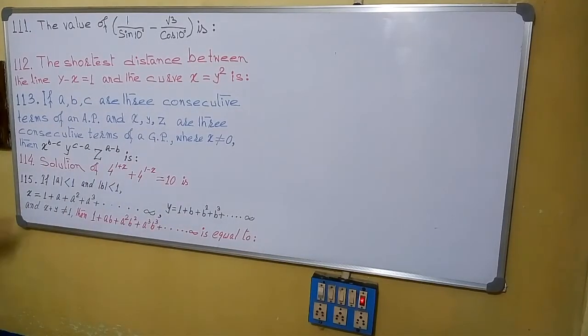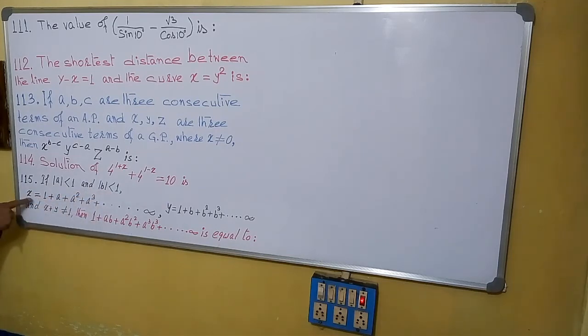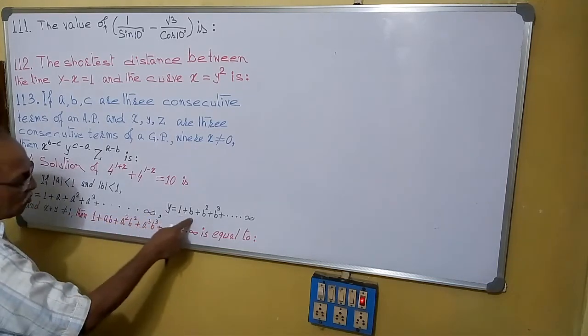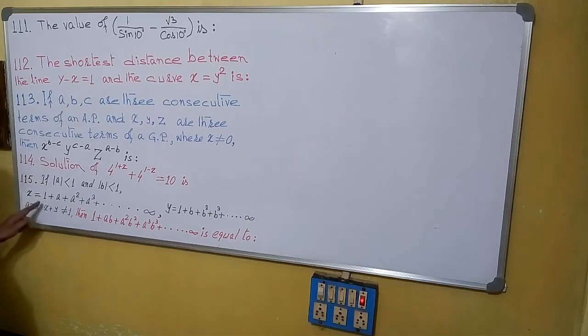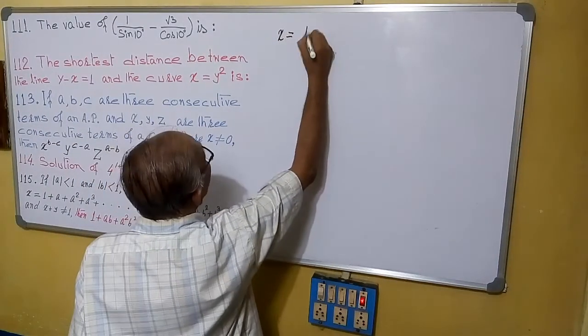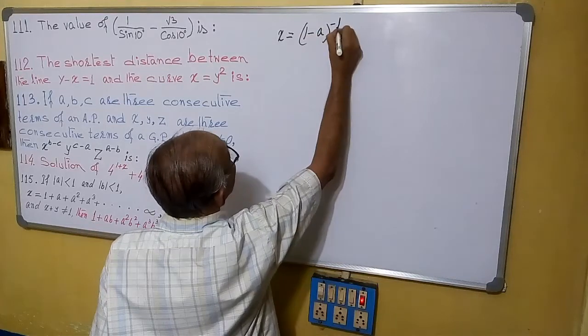Now see this, if mod a is less than 1 and mod b is less than 1, x equals 1 plus a plus a square plus a cube up to infinity, y equals this one in the same style. So this one you have to know, this is an infinite series. That means x equals 1 minus a whole to the power minus 1.